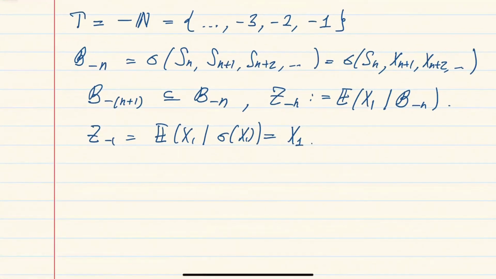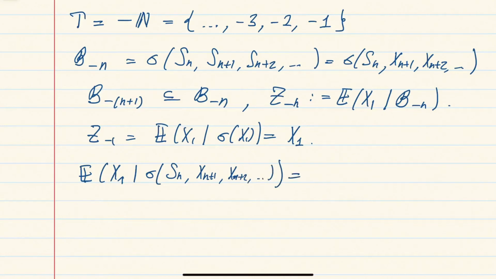Right, but now we have to notice what this Z_{-n} is. If you take a look at this conditional expectation given the sigma algebra generated by Sn, and then Xn+1, Xn+2, and so on, one of the properties of conditional expectations that we discussed is conditional independence.